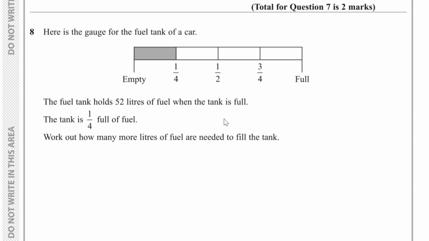Well, if we know already that the fuel tank holds 52 litres of fuel, we can find out how many litres of fuel we have already in the car. And to do this, we have to work out 1/4 of 52. So 1/4 of 52, 52 divided by 4, that's 13. So therefore we have 13 litres of fuel already.